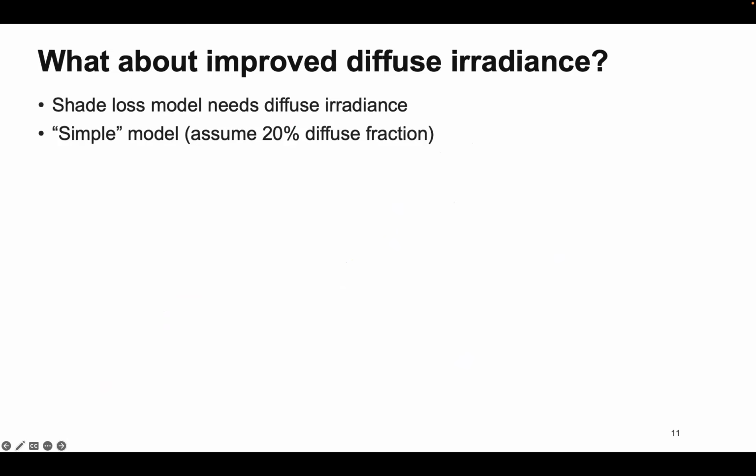So then what about improving our diffuse irradiance input? This simple model that we use just assumes 20% diffuse irradiance at all intervals across the whole year, and that's a pretty basic assumption. So we thought, what if we did something a little more advanced, like decompose our irradiance to get a diffuse fraction? This is the same approach that Kevin and I took on a previous paper or poster the year before this one.